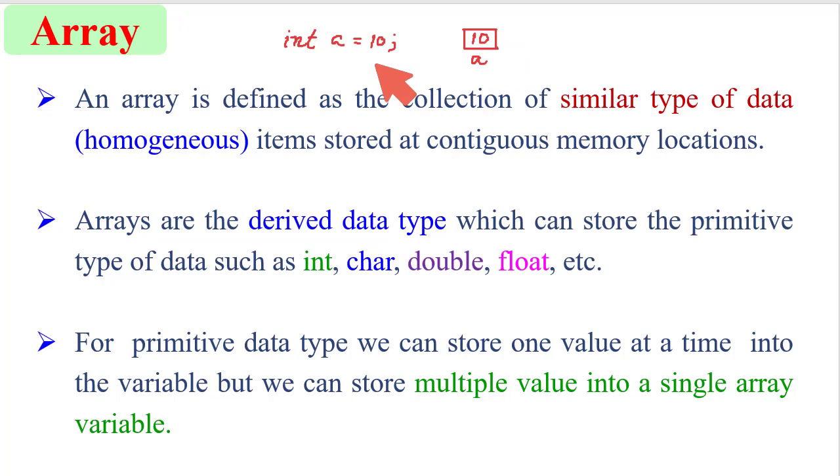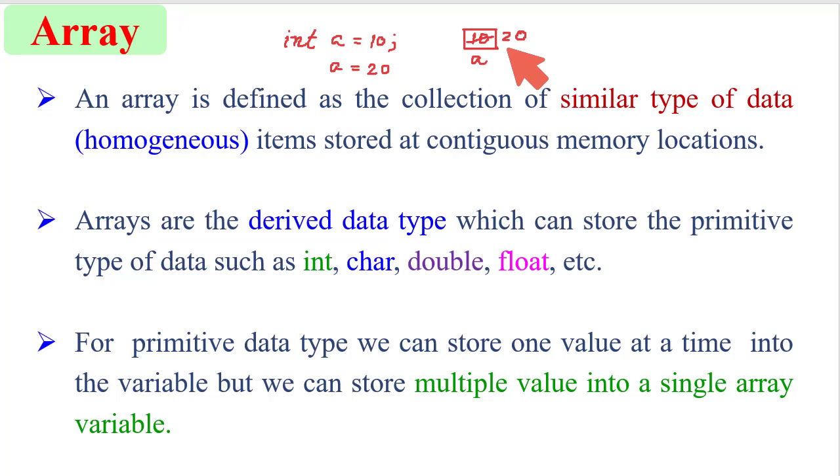Now, if in the next moment we want to assign the value 20, then this 10 will be replaced with the value 20. It means in a particular variable only a single data can be stored.